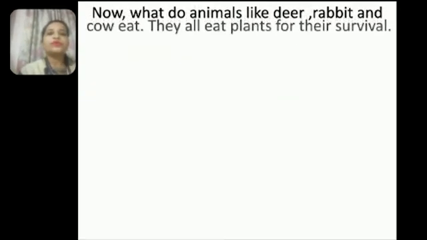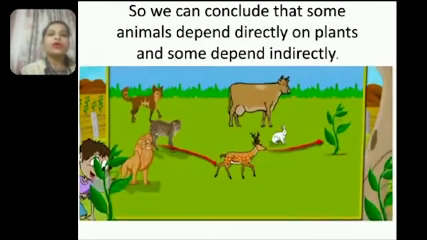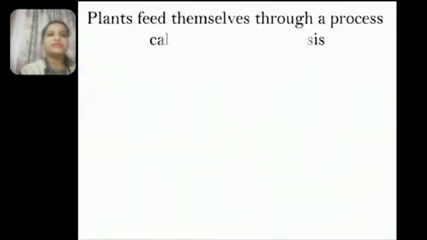Now, what do animals like deer, rabbit and cow eat? They all eat plants for their survival. So, we can conclude that some animals depend directly on plants and some depend indirectly.